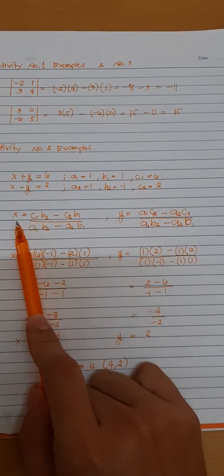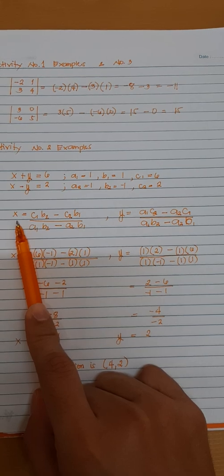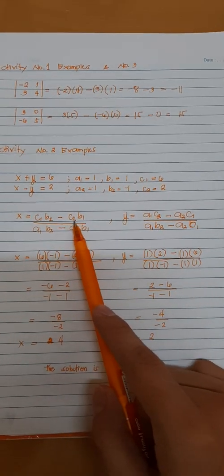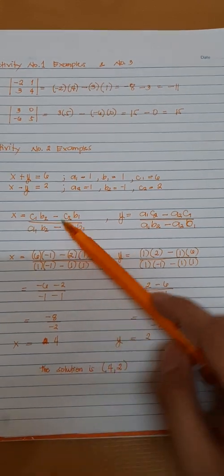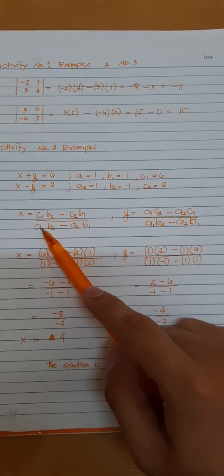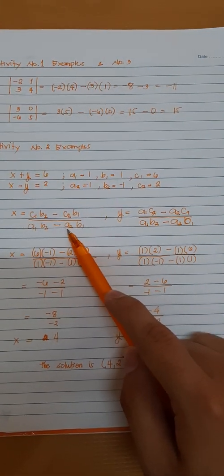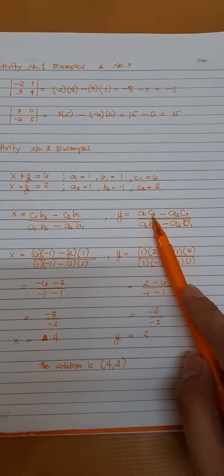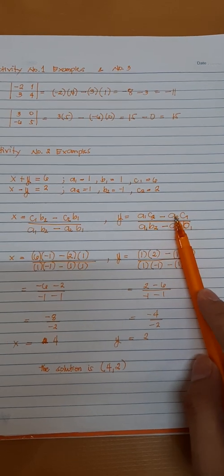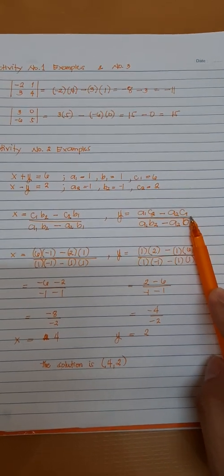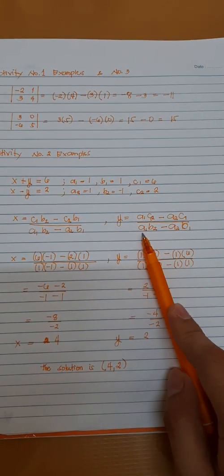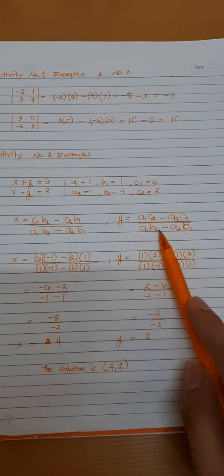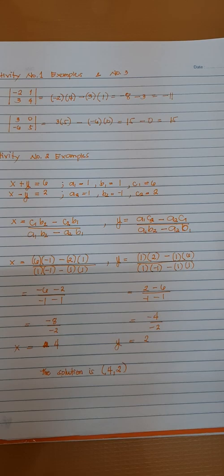So for solving the value of x, we have c sub 1 times b sub 2 minus c sub 2 times b sub 1 over a sub 1 times b sub 2 minus a sub 2 times b sub 1. And for y, we have a sub 1 times c sub 2 minus a sub 2 times c sub 1 divided by a sub 1 times b sub 2 minus a sub 2 times b sub 1.